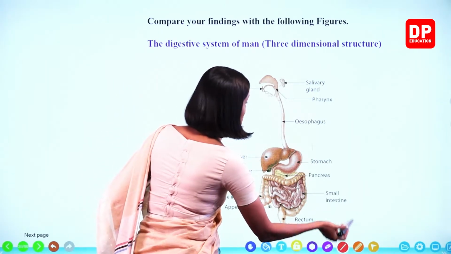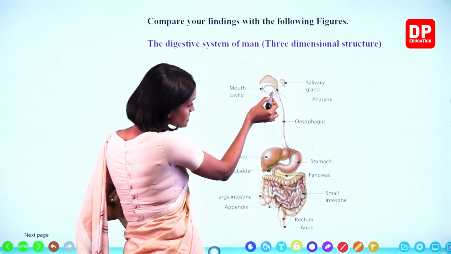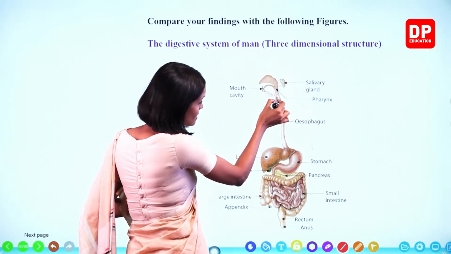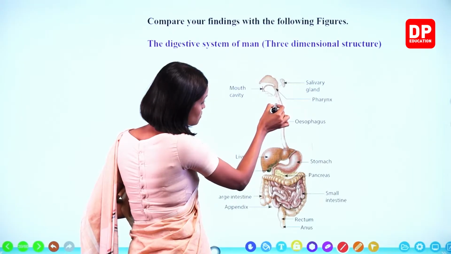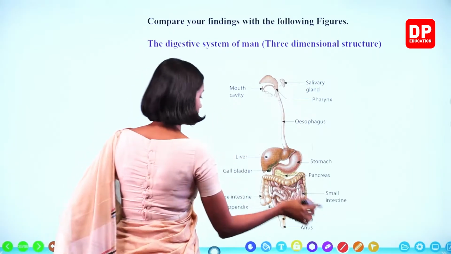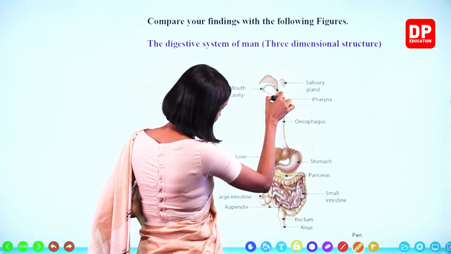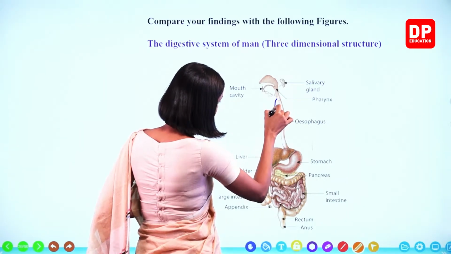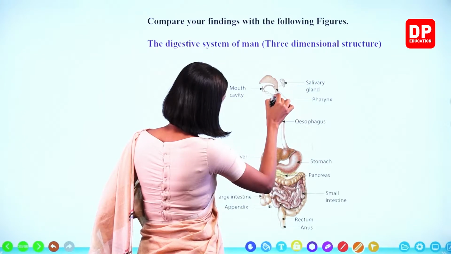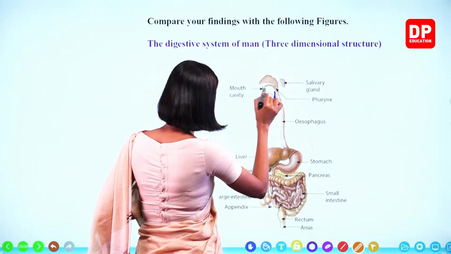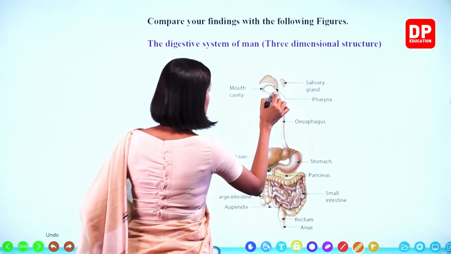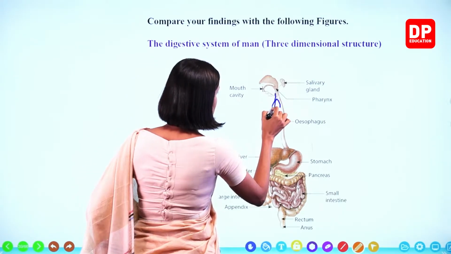When you consider the respiratory system, just after the pharynx, the path is divided into two parts like this, right? This path is divided into two parts. Okay, this is the path.